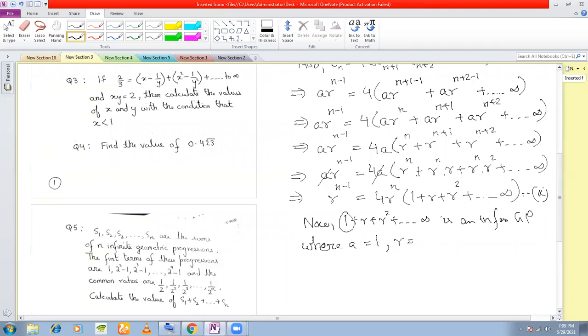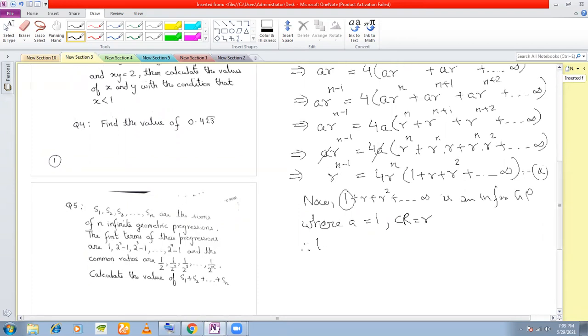And what is the common ratio? Common ratio is equal to r. So therefore, what is the sum here? 1 plus r square plus up till infinity is equal to a by 1 minus r, right?